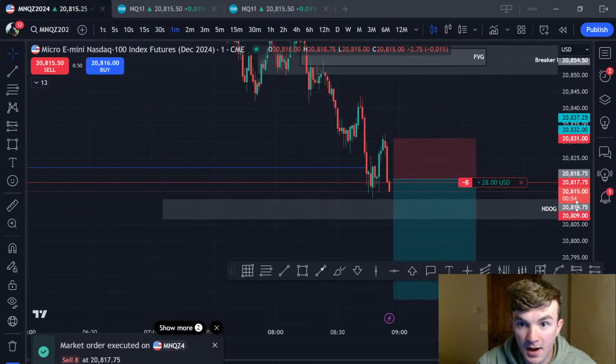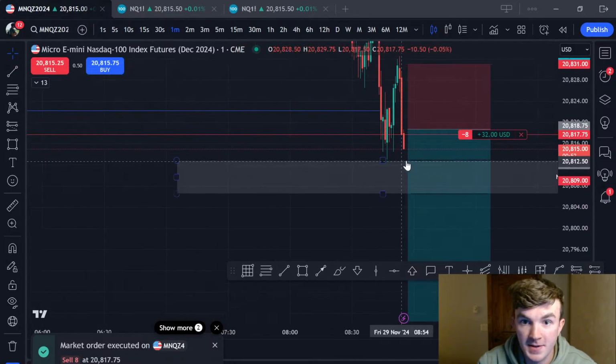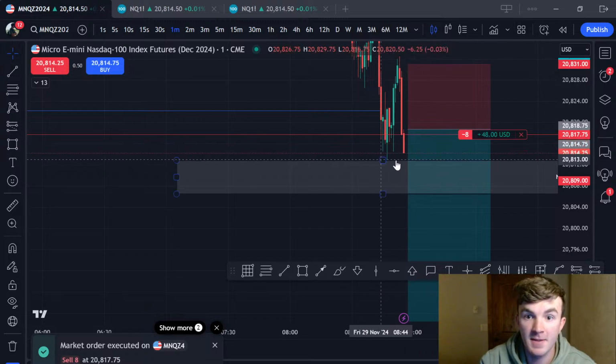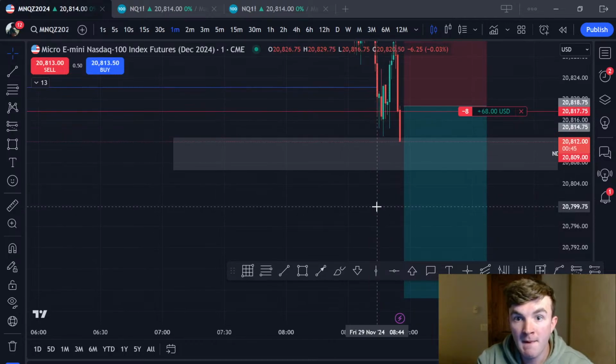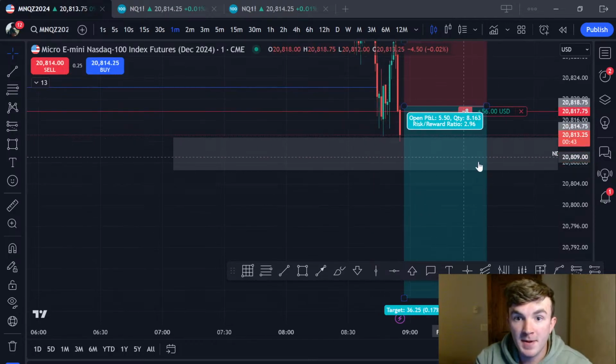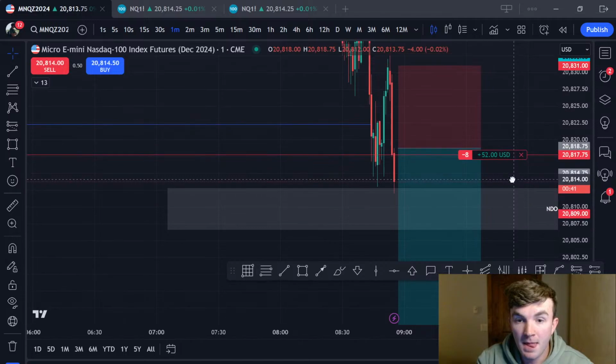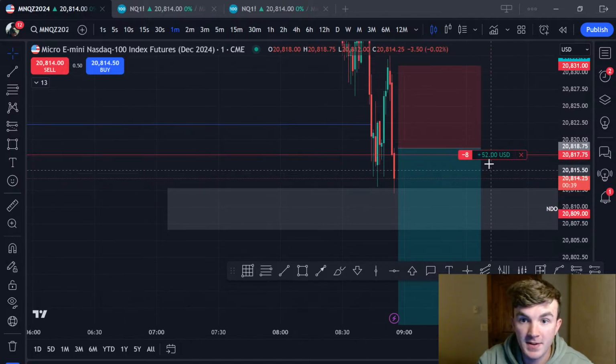Okay, how do I move stop loss to break even at this low here? Because I'm gonna move stop loss to break even at this low. Okay, stop loss to break even. How do I even move stop loss to break even on here?